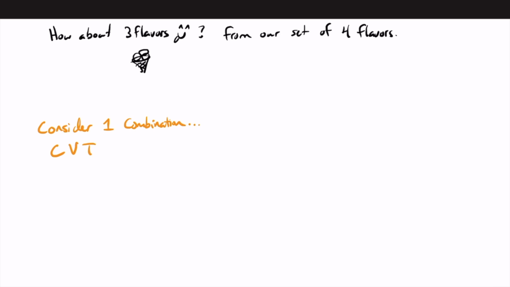For one combination, there are 3 factorial ways of rearranging these flavors.